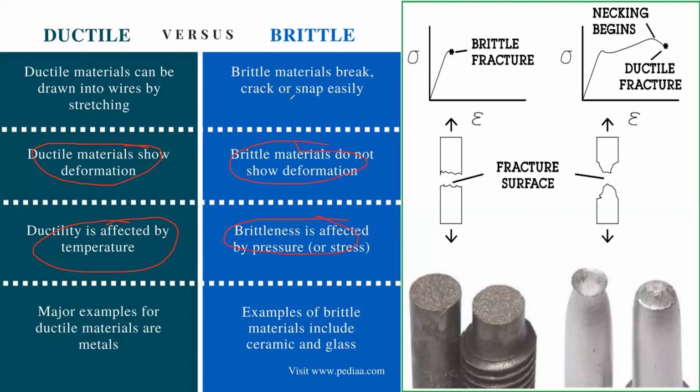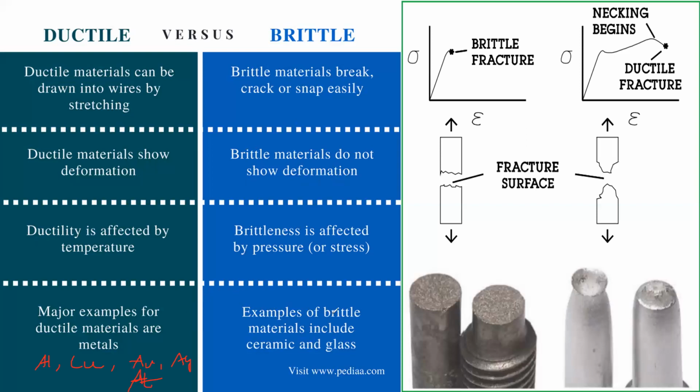The major examples of ductile materials are metals, say aluminum, copper, gold, silver, platinum, lead, tin. All are ductile materials because you can convert them into the form of wires.